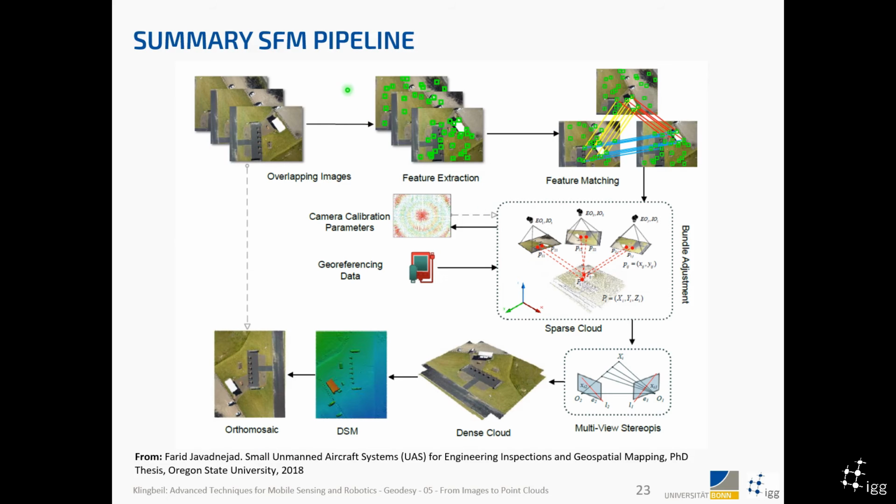Okay, let's summarize for now how we derive point clouds from images using the so-called SfM pipeline. So we generate overlapping images with a UAV. We haven't talked about how much these images have to overlap. This is just a general overview.